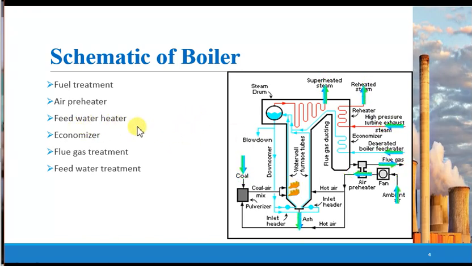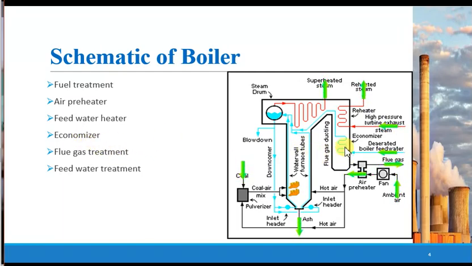Then the feed water, which is shown here, when this water is going inside the boiler, will be discussed in detail, to see how we can increase the efficiency of this boiler and the overall efficiency of the power plant.